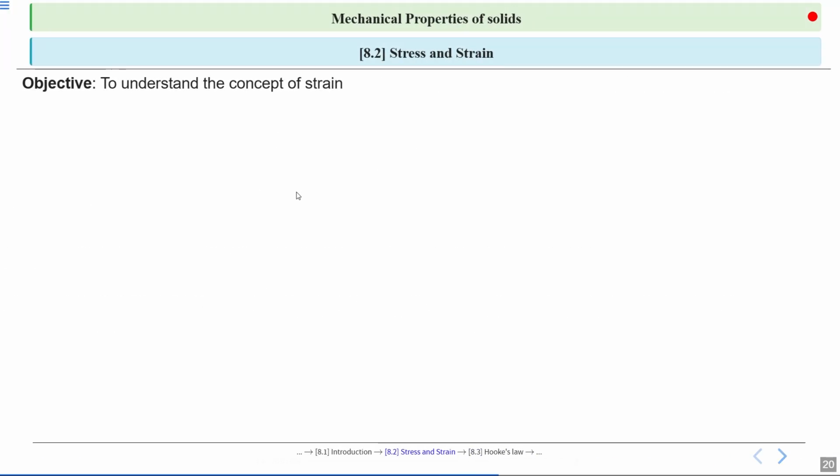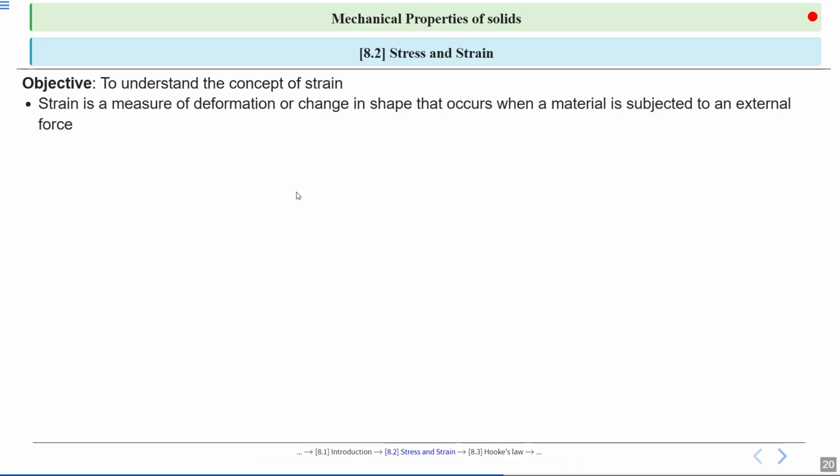Now, we are going to explore the concept of strain. Let's examine first strain. Strain is a measure of deformation or change in shape that occurs when a material is subjected to an external force. This means that when you apply a force to an object, strain tells us how much the object changes in response to that force.